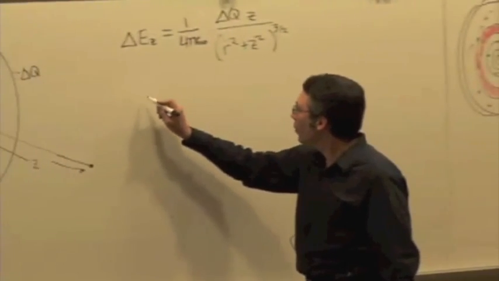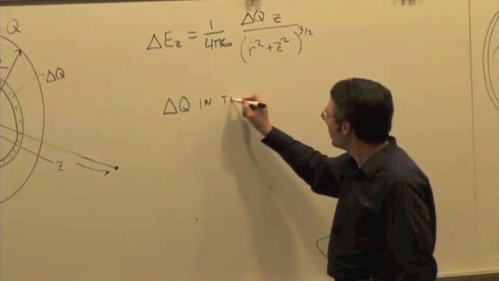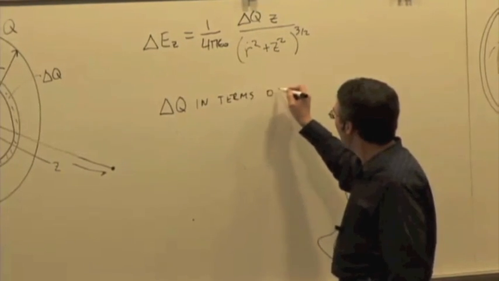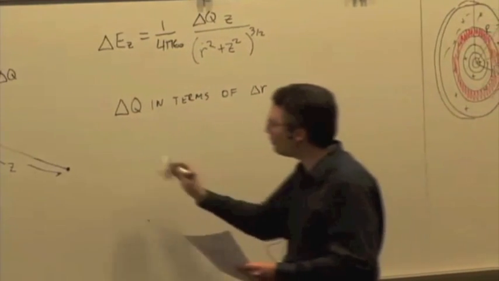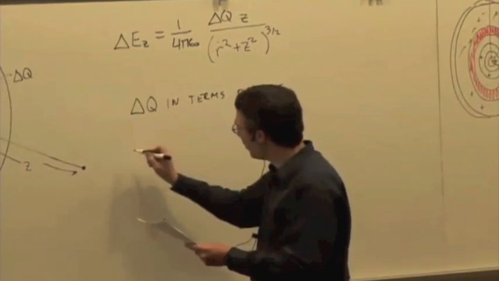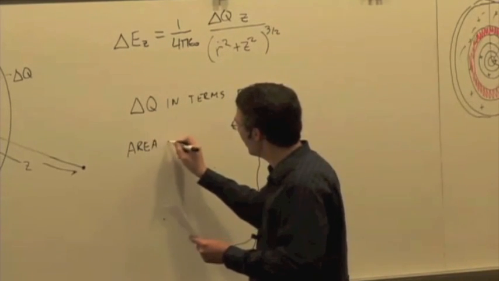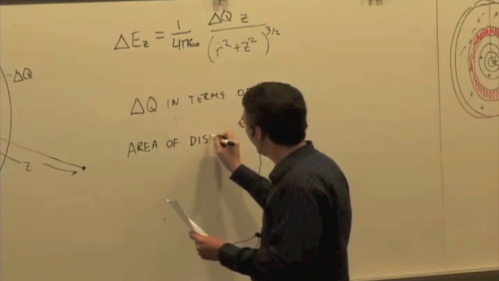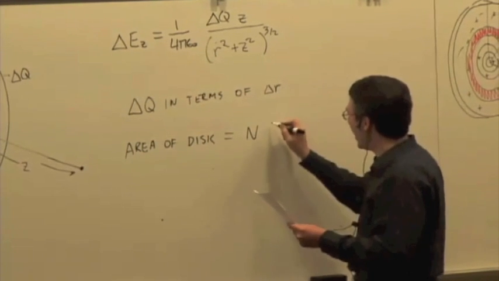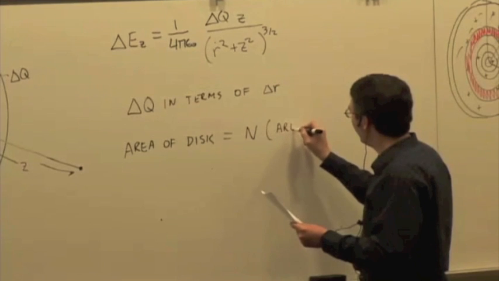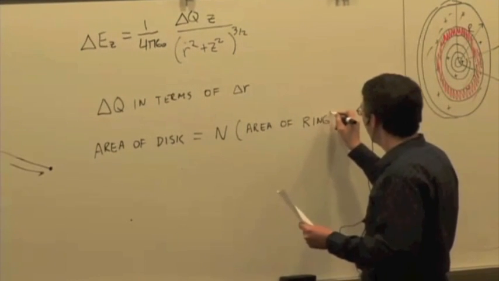So that's our expression. We want a delta Q in terms of delta r. This requires a little bit of geometry here. We have to think about the area of the disk is equal to n times the area of a ring.